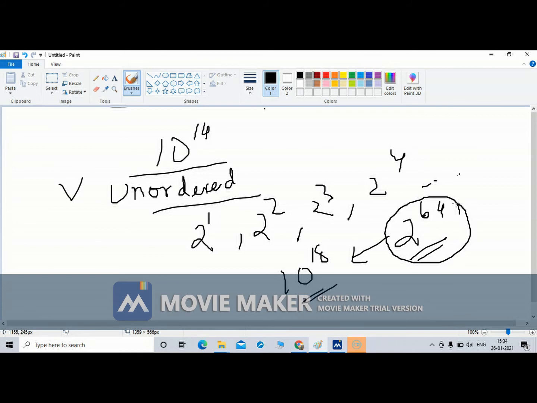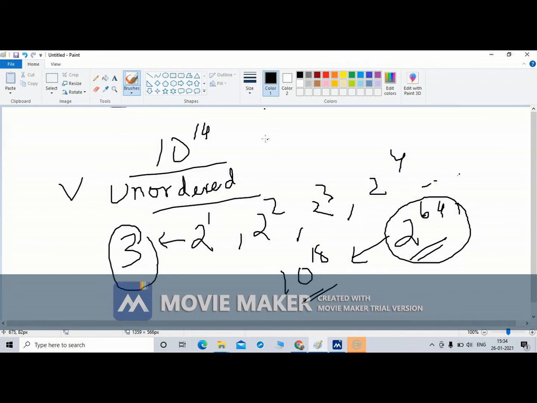So basically those are the even numbers in which we don't get any odd prime factor. Other than that, all the even numbers will have an odd prime factor.